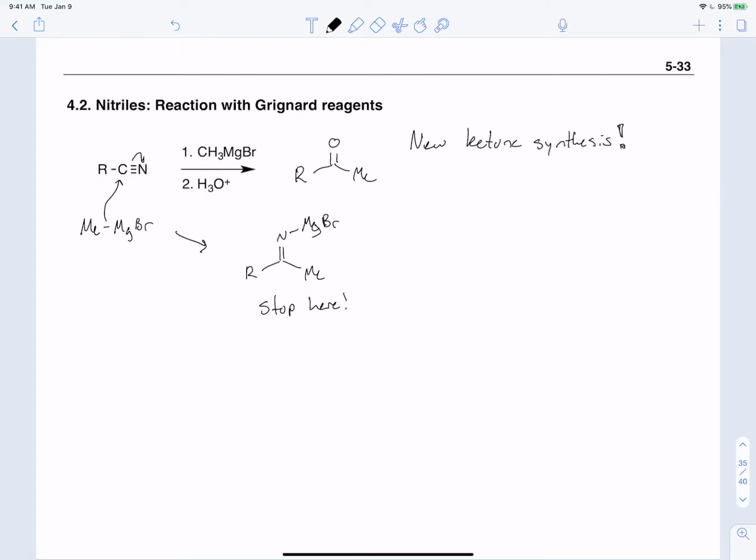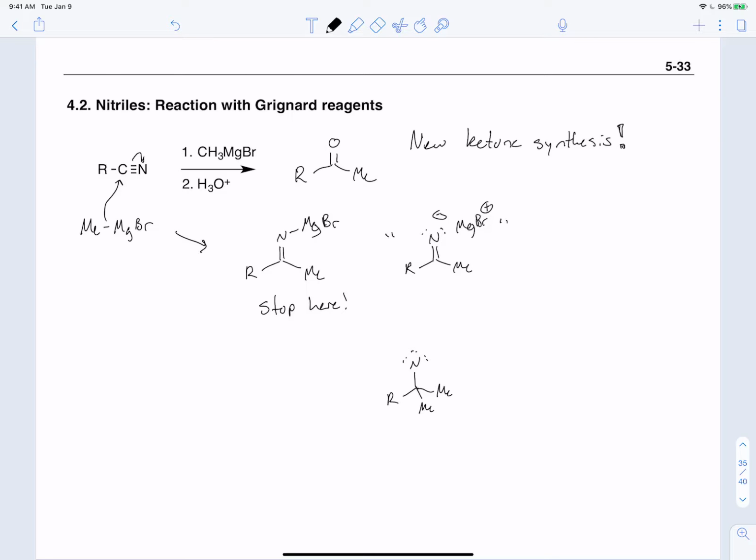If we think about the nitrogen-magnesium bond as being fairly ionic, we can imagine this being something like a nitrogen minus with an MgBr cation. So if we were to add in another nucleophile to this, it'd be similar to putting two negative charges on nitrogen.